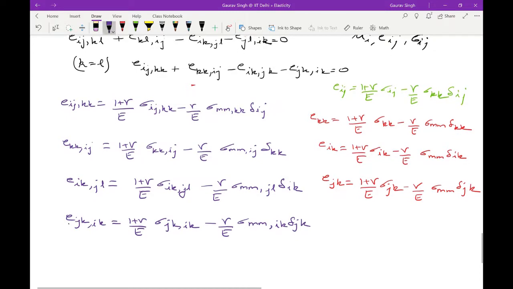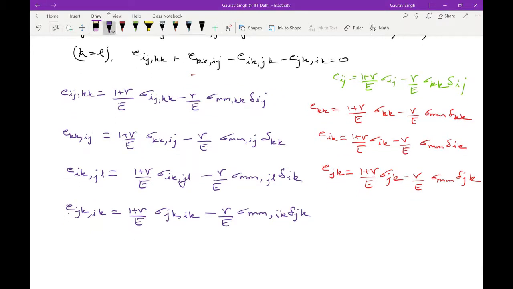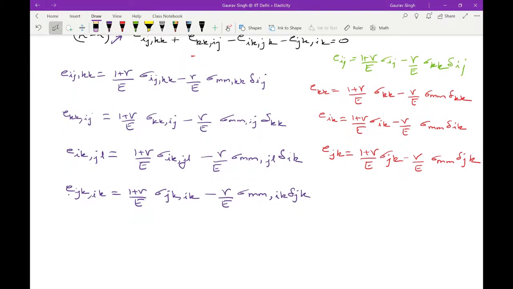What we'll do now is substitute each of these terms into this compatibility equation, the reduced compatibility equation due to contraction.